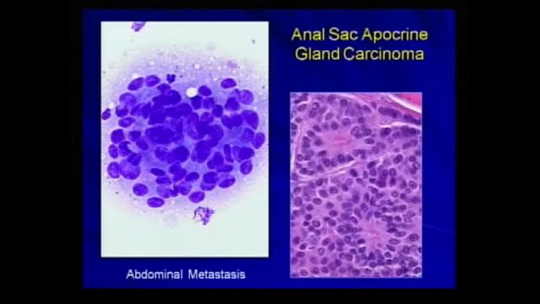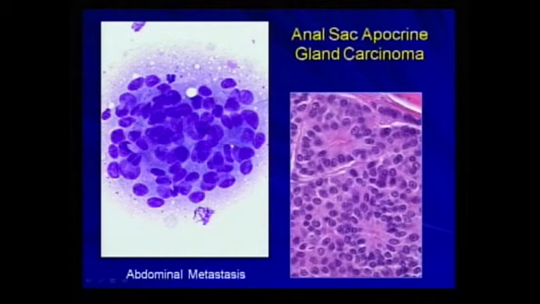And this is what we see histologically with the anal sac apocrine gland carcinoma. We see these cells with much less cytoplasm. There are occasionally multinucleated cells and a small amount of anisokaryosis. If you look very closely, you may see some features that are reminiscent of acini.